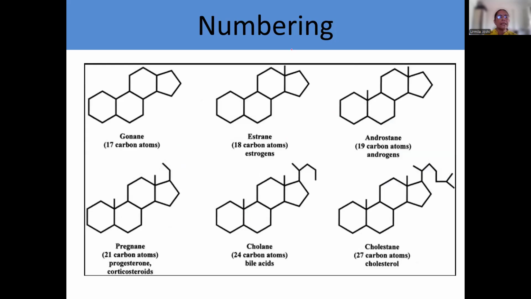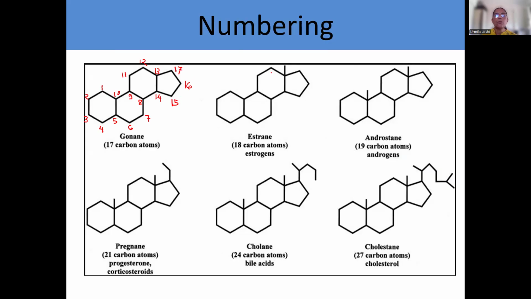Now, let us see the numbering of other steroid nuclei. We have seen that for gonane, it is 1, 2, 3, 4, 5. Then go to 6 over here, 7, 8, 9, 10. Then 11, 12, 13, 14, 15, 16, and 17.